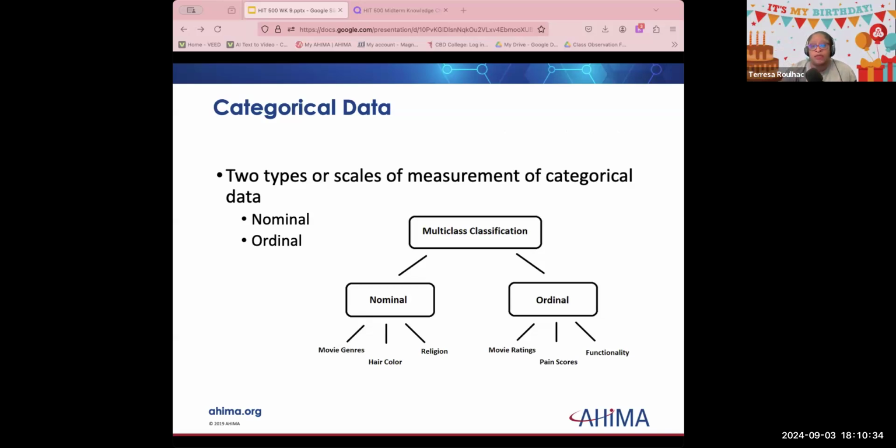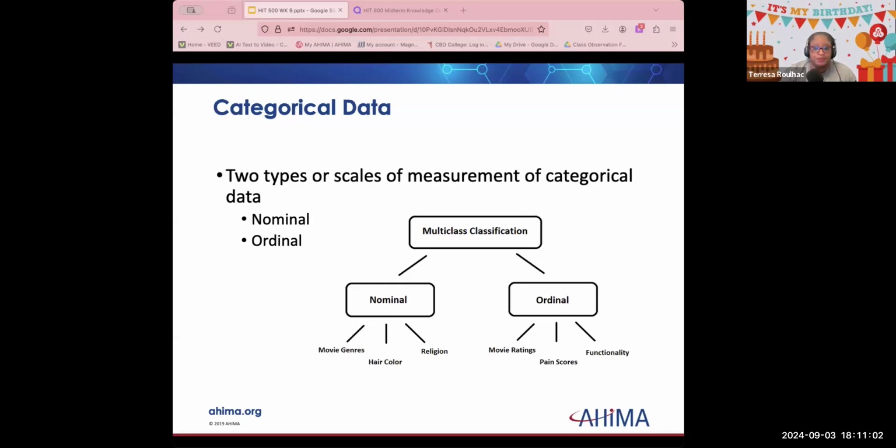When we look at the nominal scale, it is the lowest level of measurement where observations are categorized into groups with no particular order. For example, you have true or false, male or female, types of insurance carriers, or patient occupations.